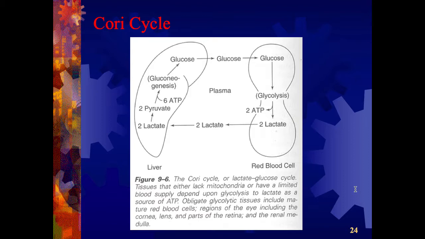Those other tissues include the liver. Now the lactate goes into the liver, and look what it does. Lactate to pyruvate, gluconeogenesis to glucose. This is gluconeogenesis, right? It requires energy, but look what it's doing. It's providing glucose back to other tissues. And now the glucose can basically repeat that.